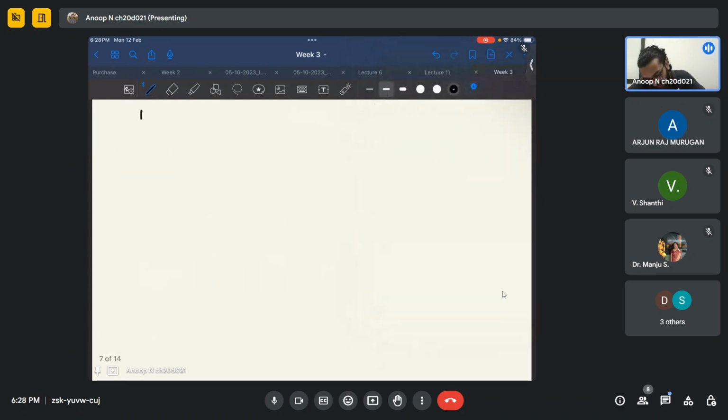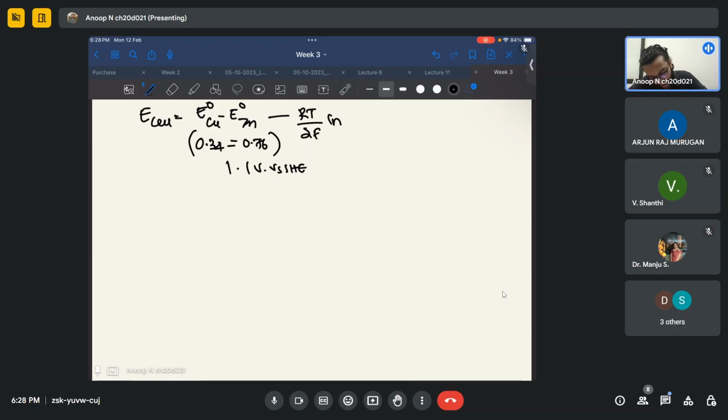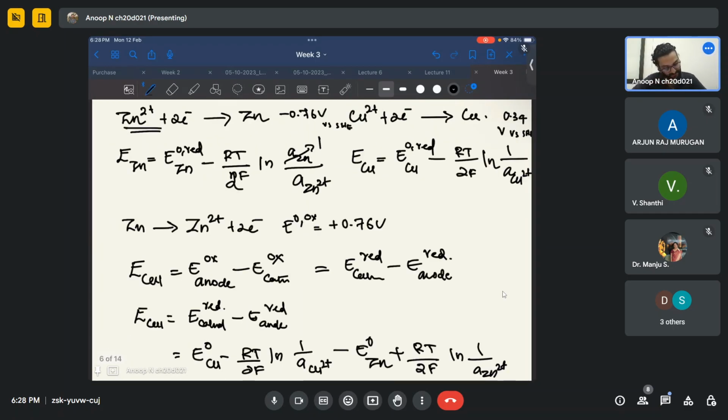How can I simplify it? E cell is equal to E0 Cu minus E0 Zn. What is this value? 0.34 minus 0.76. It is standard E0 value 1.1 volt versus SHE. Minus RT by 2F ln 1 by activity of Cu2+ minus RT by 2F ln of activity of Zn2+. Can I write like this?